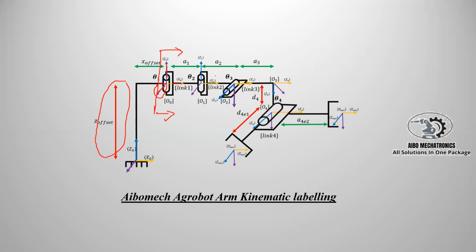If you use your right hand rule, the Z direction is in the direction of the revolute joint. The direction of the third one is also in the revolute joint direction. And in here, this is a fixed axis.